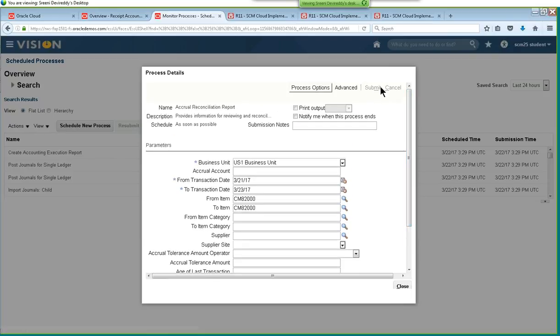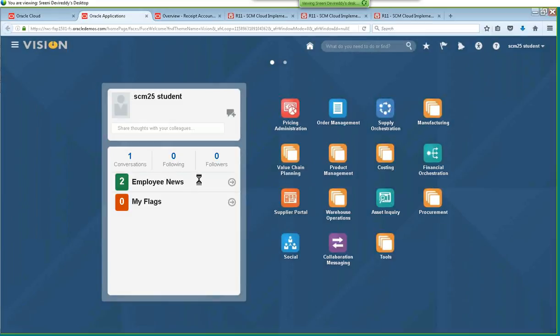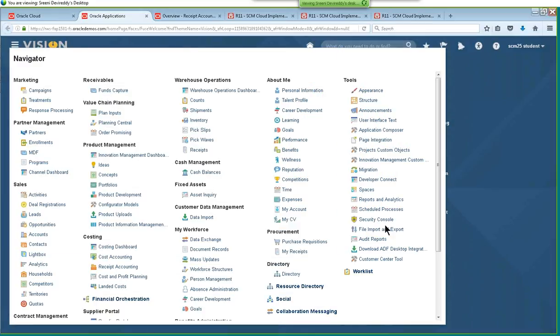So again, in this environment, sometimes the submit just gets disabled. So I'm going to have to close it, open again, and do it again. I'm going to go to the scheduler page.